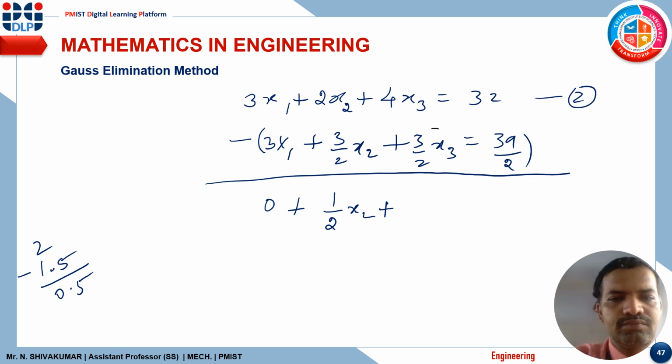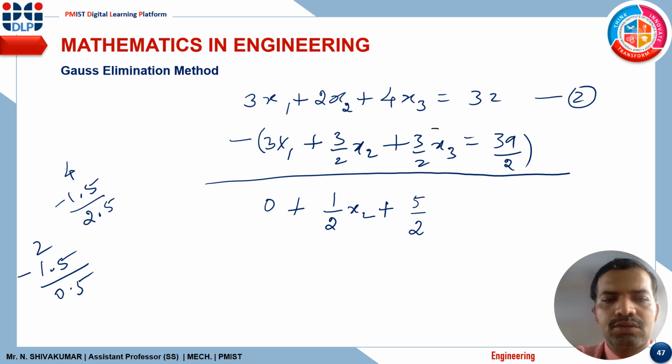What is 4? So 4 as it is minus 3 by 2. What is 3 by 2? 1.5. So 4 minus 1.5 is 2.5. 2.5 can be written as 5 by 2. Okay. So 5 by 2 x3 equal to 32 minus 39 by 2.